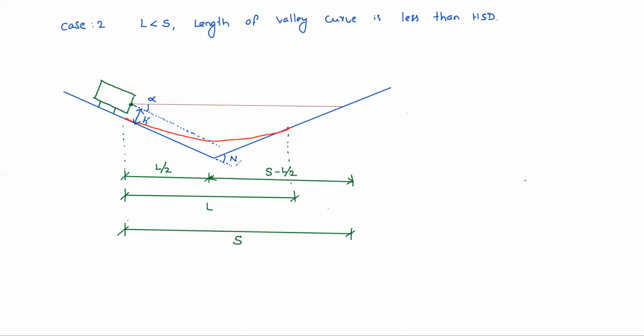if I extend this line, sorry, we'll use some other color for the extension. Okay. Something like this. If I use this color for the extension, now you can see this height actually.